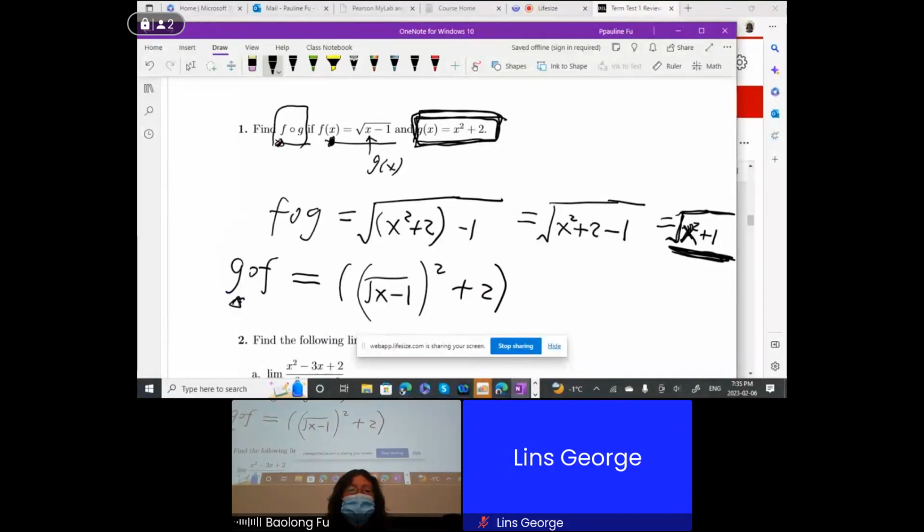When you see x in g, plug in f. And then simplify this one, you get this one. And simplify, you get this one. Questions?